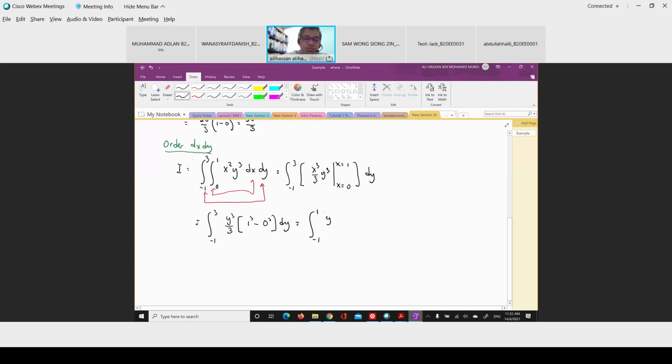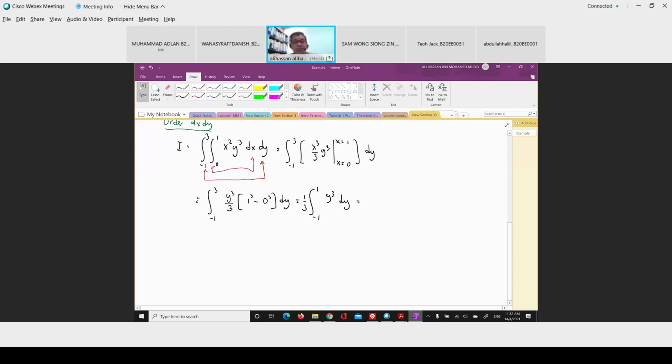So now we have a single integral. I will write the constant 1 over 3 outside. Now it reduces to a single integral with respect to y. What is the integral of y cubed? Y to the power of 4 over 4.